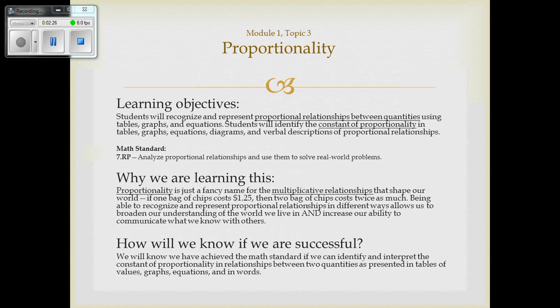How will we know if we are successful? We will know we have achieved the math standard if we can identify and interpret the constant of proportionality in relationships between two quantities as presented in tables of values, graphs, equations, and in words.